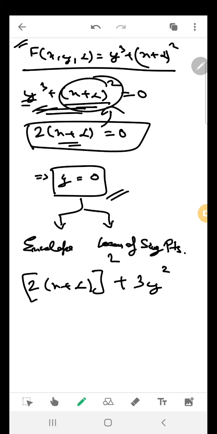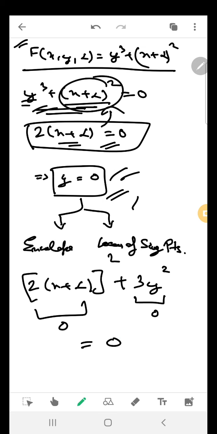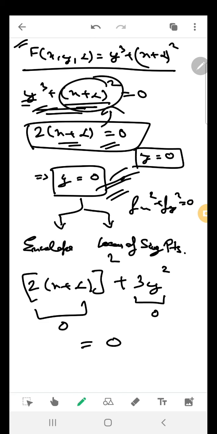Now you know that x plus alpha equals 0, so this portion becomes 0, and you also know y equals 0, so this portion becomes 0, and eventually their summation also becomes 0. That means fx square plus fy square becomes 0. So this relation which you have got, y equals 0, is actually the locus of singular points, not the equation of a particular envelope. Got it? Clear?